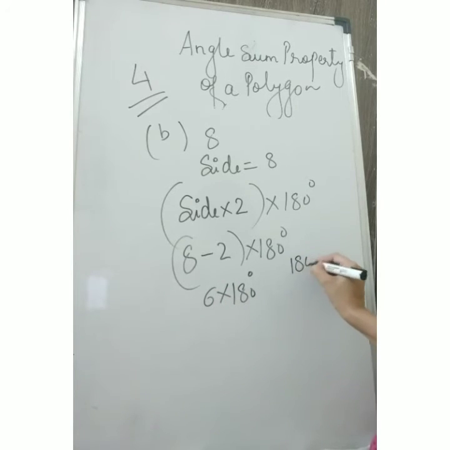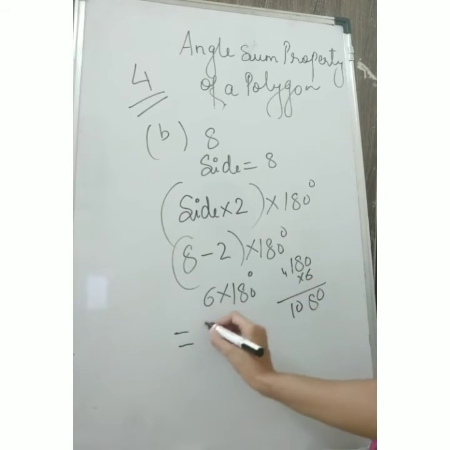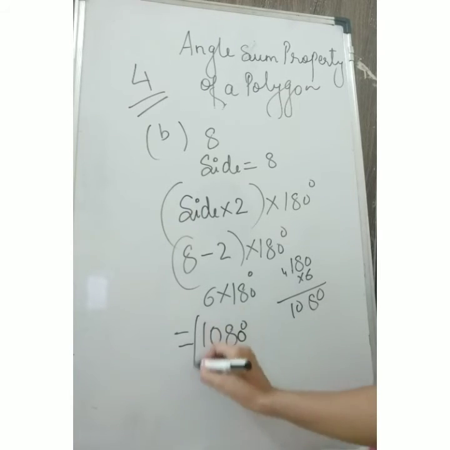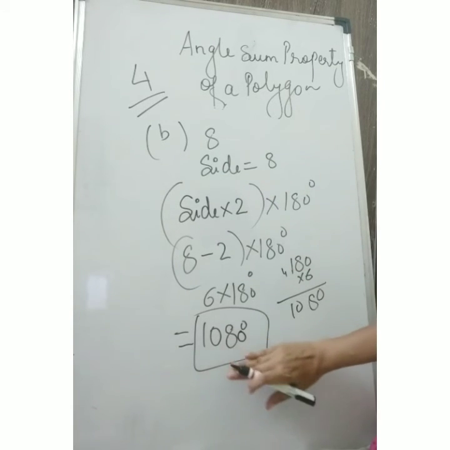So 180 degrees into 6. 6 zeros are 0, 6 eights are 48, 6 ones are 6, 7, 8, 9, 10. So it is 1080. So the sum of the angles of an octagon is what, students? 1080.